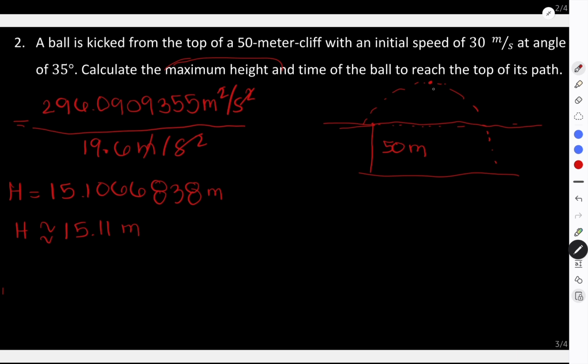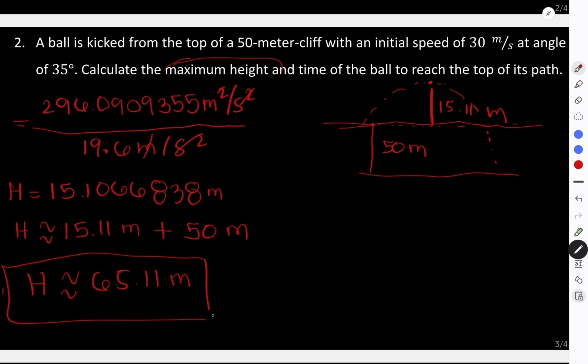To make sure, we need the time at the top, right? Look at the drawing. So the 15.11 is here. Therefore, the total maximum height is simply added with 50 meter. So the total maximum height is 65.11 meter. That's the final answer.